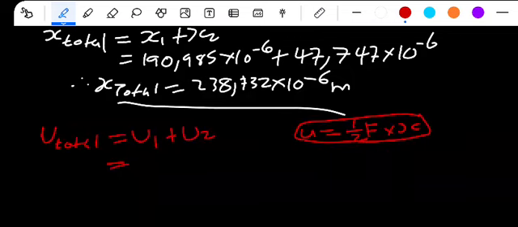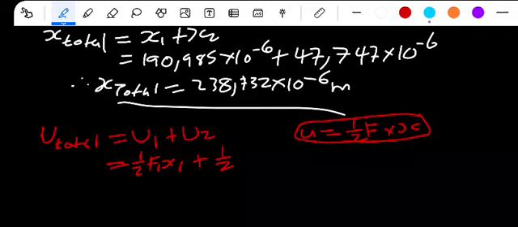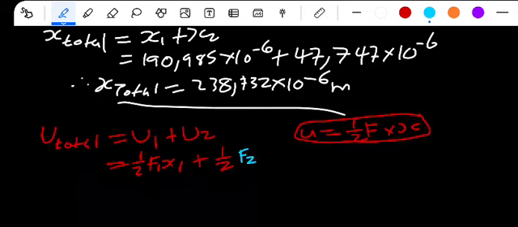So the first part will be 1 over 2 F1 x1, plus the second part, 1 over 2 multiplied by F2 multiplied by x2.